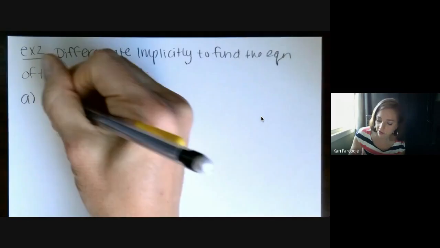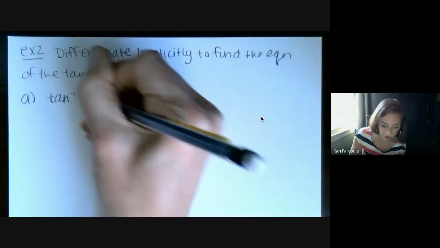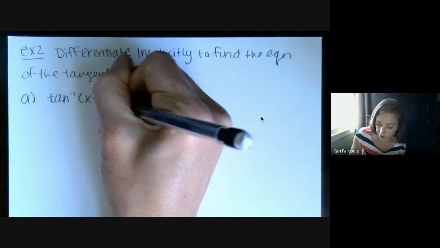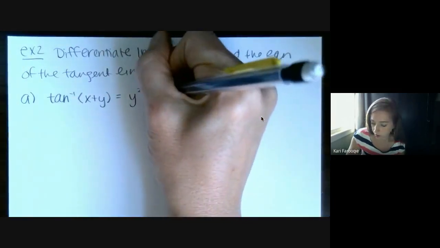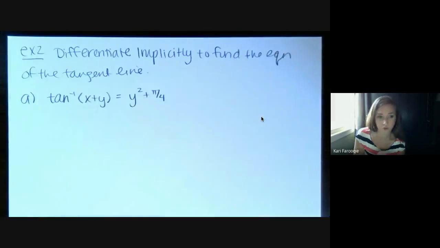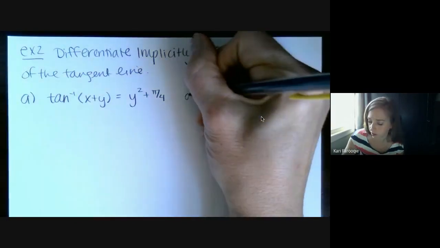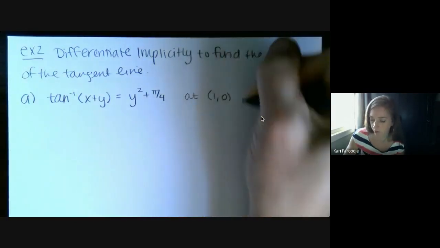All right, so A is going to be the inverse tangent of x plus y equals y squared plus pi over 4. And we're going to look at this at 1, 0.